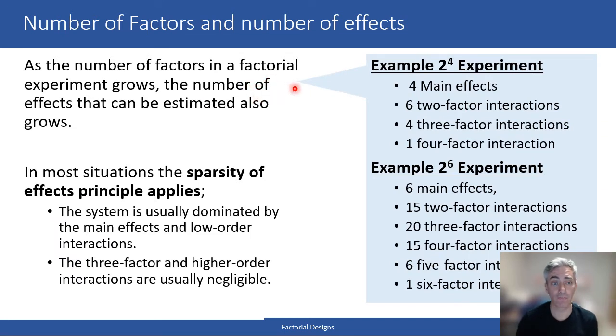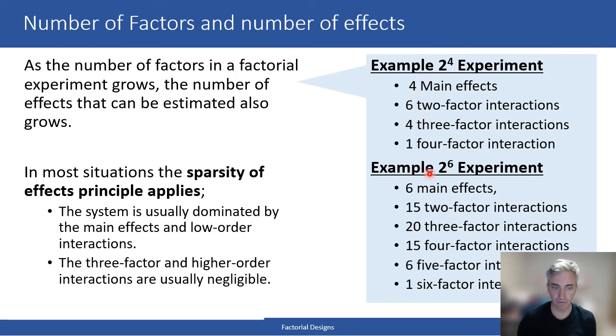As the number of factors in the experiment increases, the number of effects that can be calculated or estimated also increases. So for example, if we have 4 factors here, now we have 4 main effects and 11 interactions.